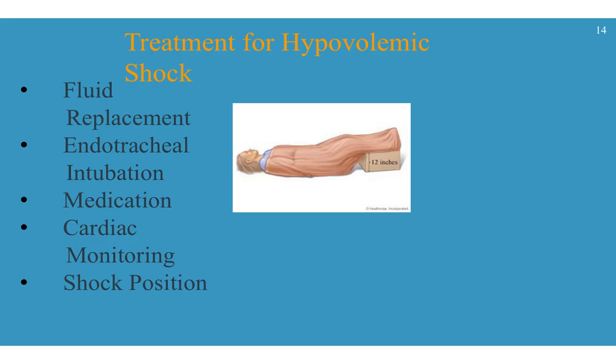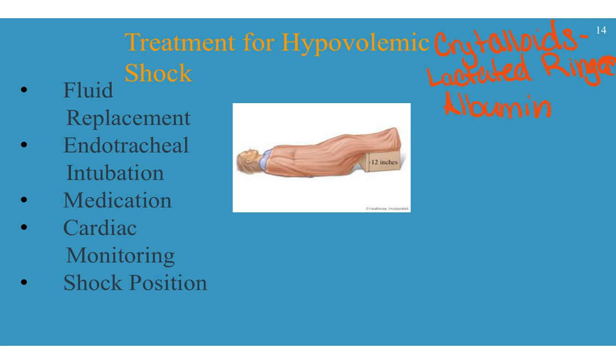So treating hypovolemic shock. The first thing we want to do is treat with fluids. And with fluids, we want to treat with crystalloids. We have lactated ringers. We can treat with albumin.